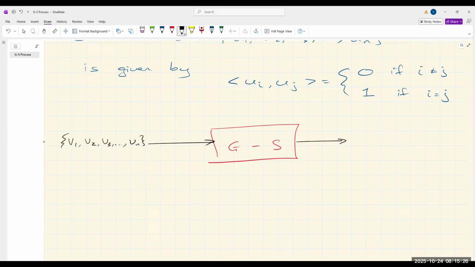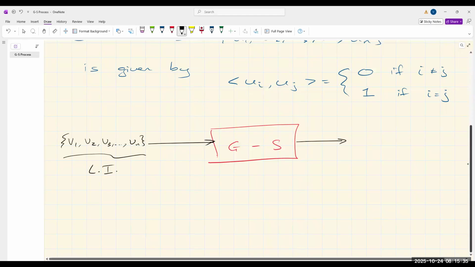All it has to be is linearly independent. Right? Linearly independent set of vectors. And what this machine is going to do is output the same number of vectors. So for example, if you put a linearly independent set with 10 vectors in, you're going to get 10 vectors out. So w1, w2, up to wn. So the index there is the same.